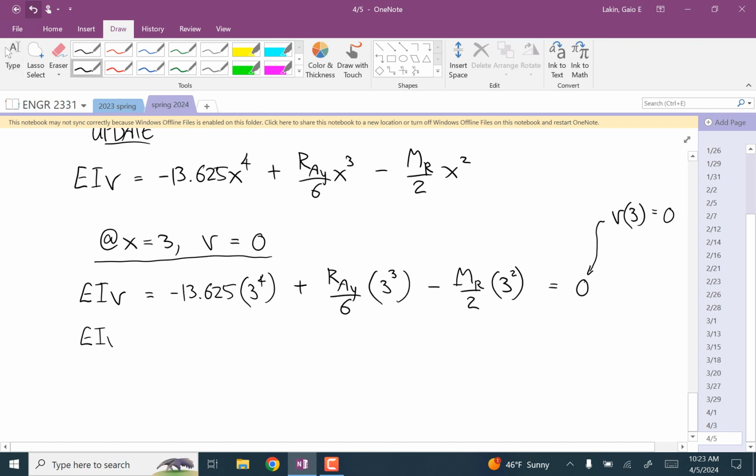So EI V is equal to negative 1103.63 plus 4.5 RAY minus 4.5 MR, and that has to be equal to 0.